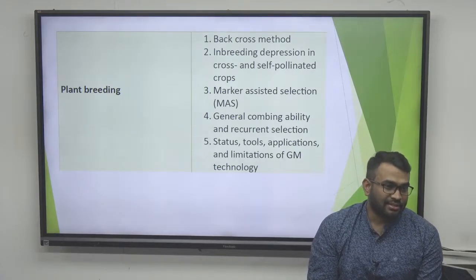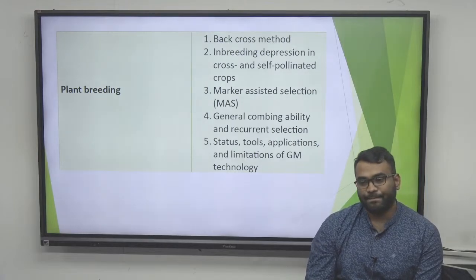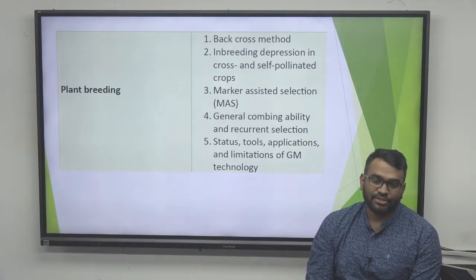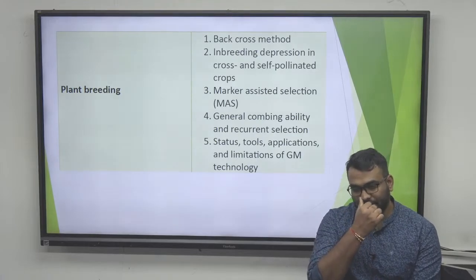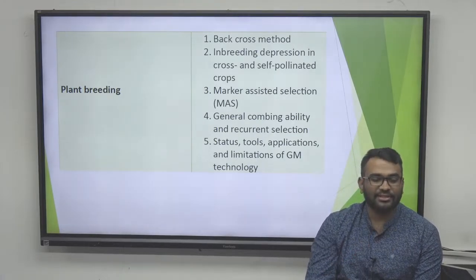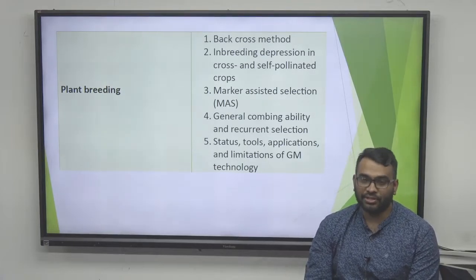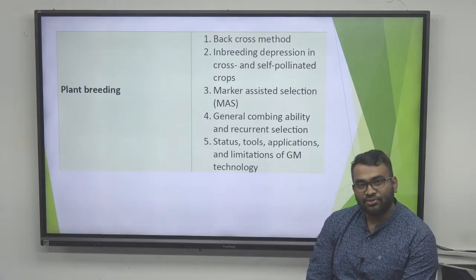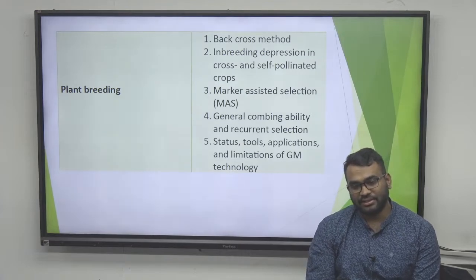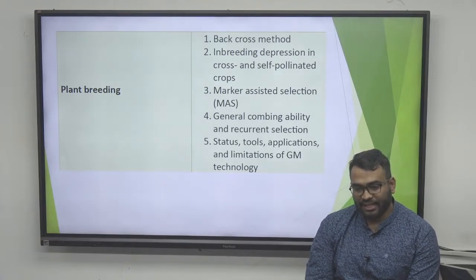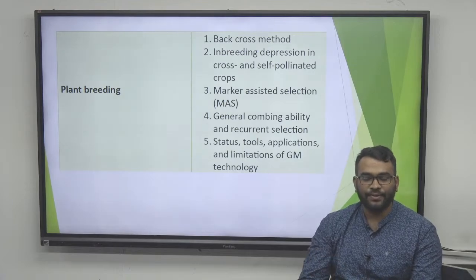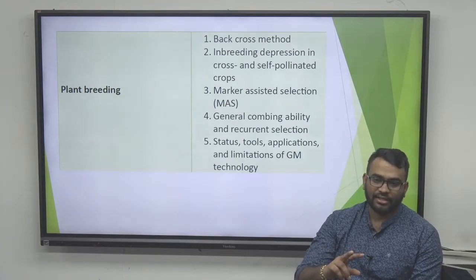See, the important aspect you should have clarity on is that cross pollination and self pollination are there, but cross pollination is actually more susceptible to inbreeding depression than self pollination. So you have to understand why that happens. Because cross pollination has developed itself to have a different pollination method.